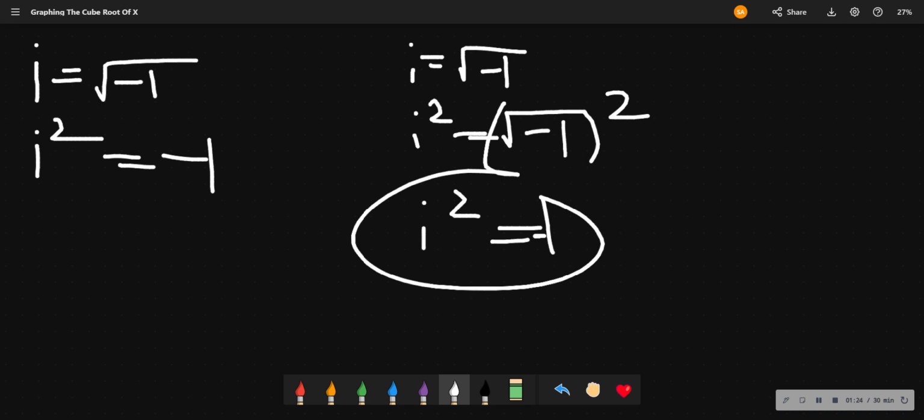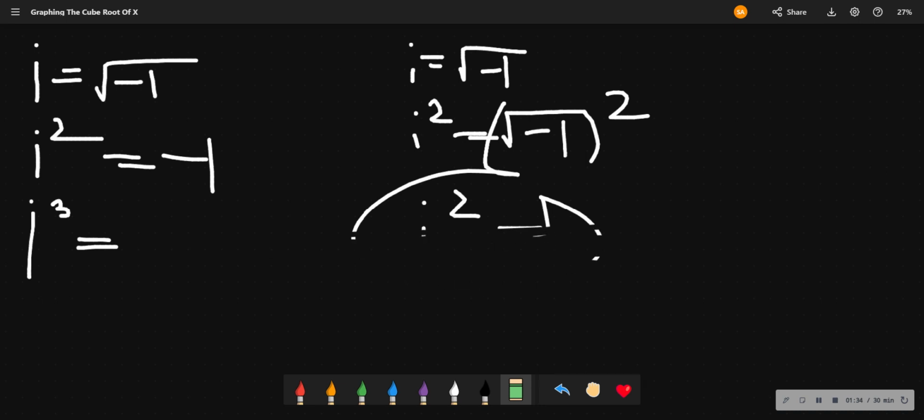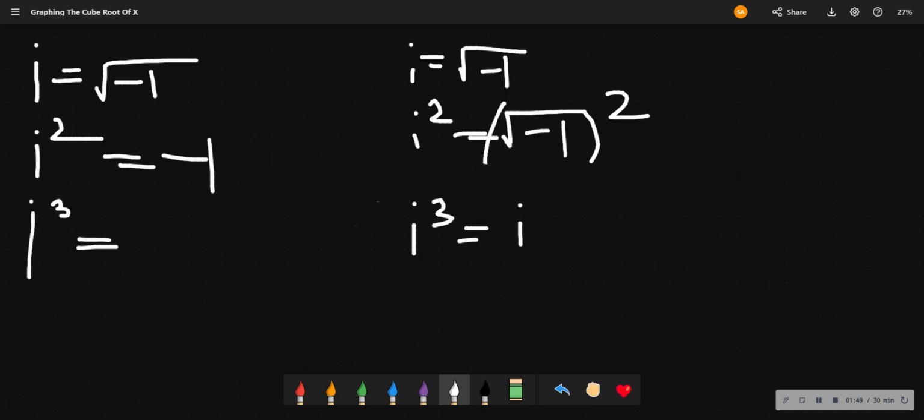Okay, so what is i cubed? i cubed theoretically should be i squared, which is -1, times i. So i cubed is nothing but i squared times i.